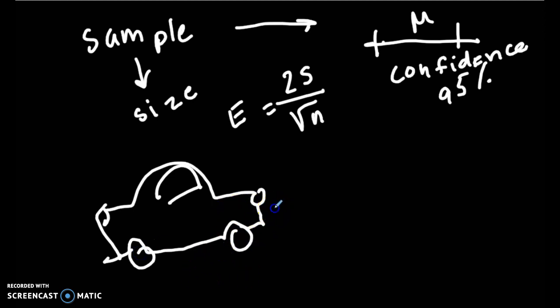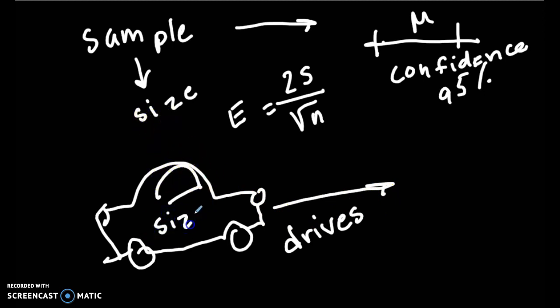What drives the margin of error is the sample size. So the sample size drives the margin of error. Sometimes I want to say, well, what sample size is going to give me the margin of error I want?